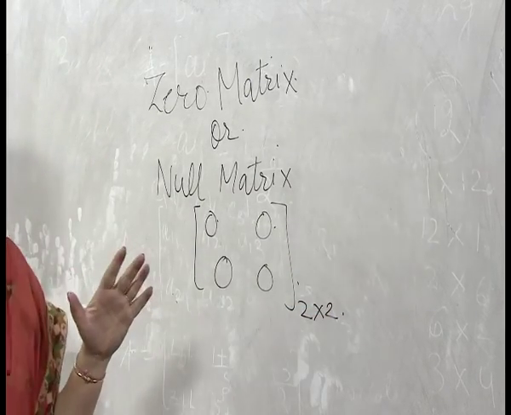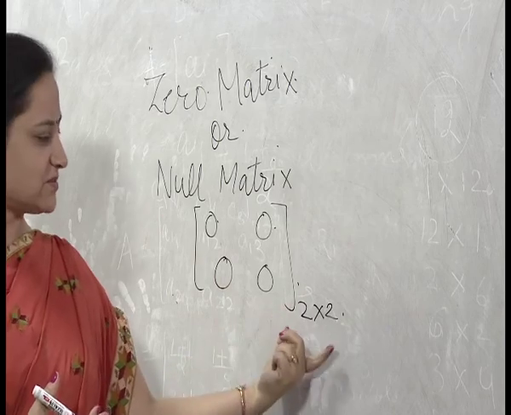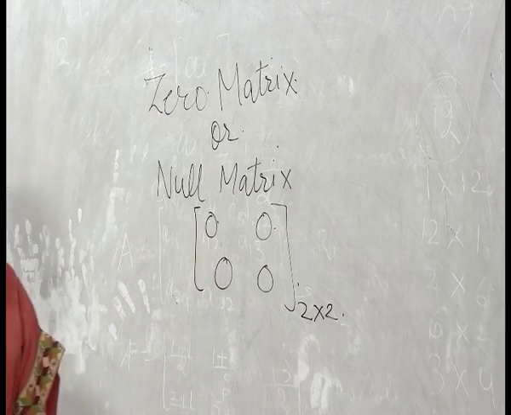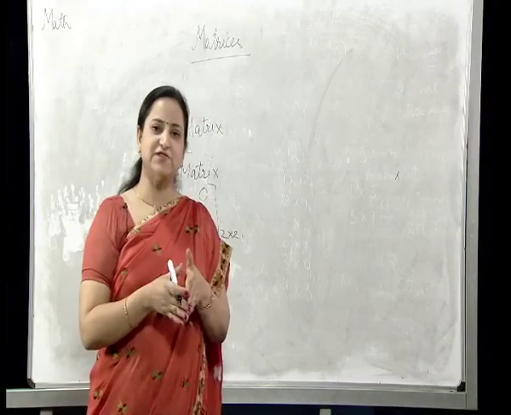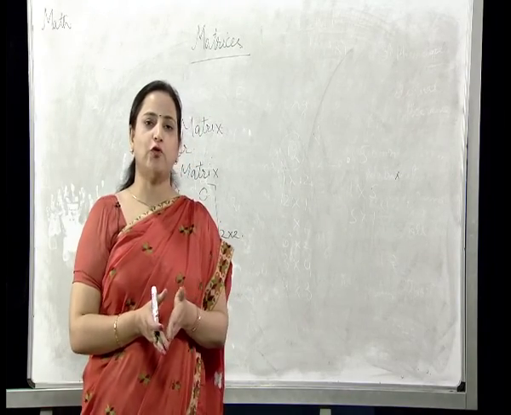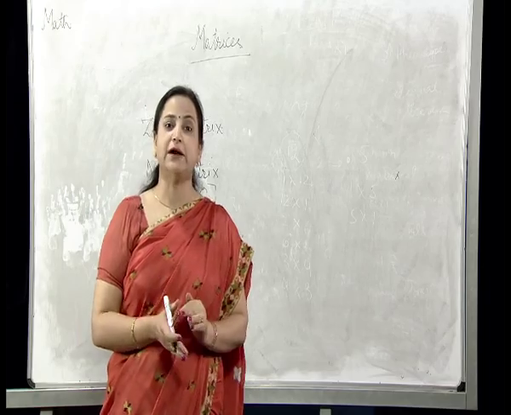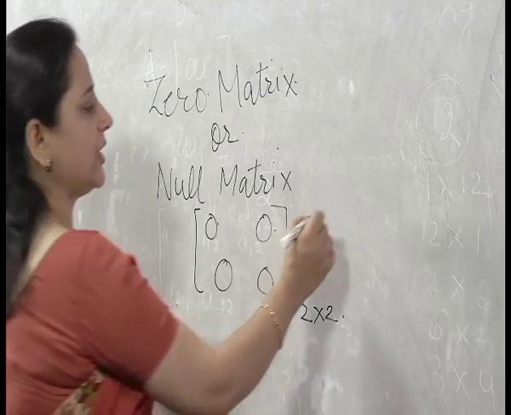Now, you can see this matrix has the same number of rows and the same number of columns. So, any matrix which has the same number of rows and columns is called a square matrix.